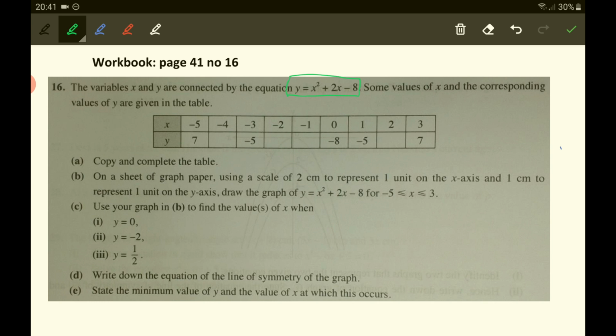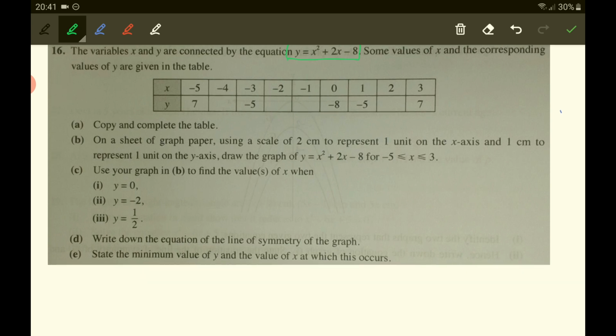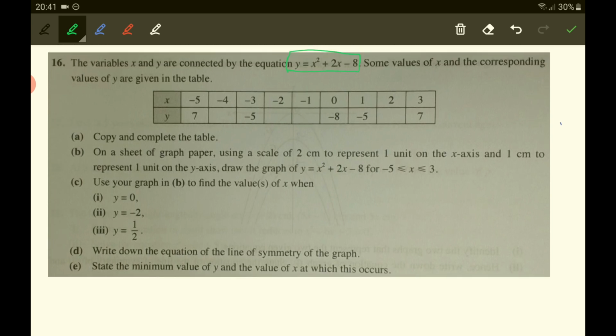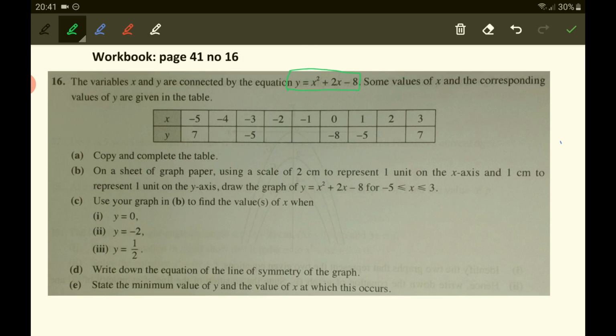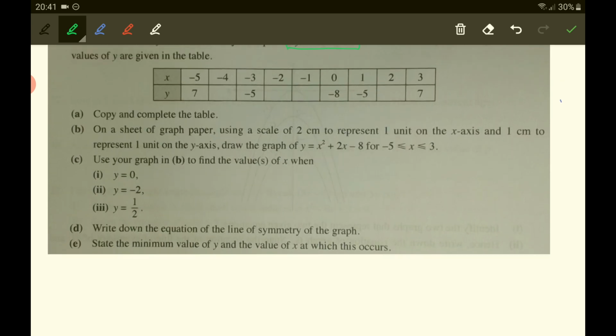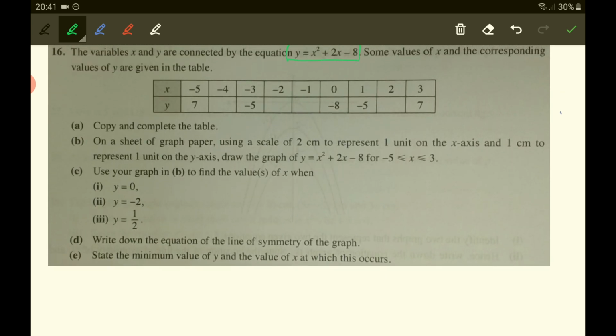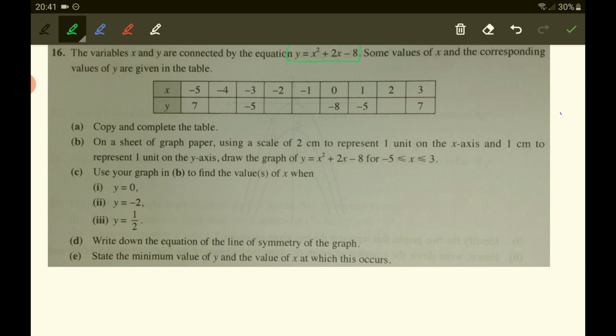Some values of x and the corresponding values of y are given in the table. There are some blank cells. The first question is to copy and complete the table, so here we are going to find the value of y.